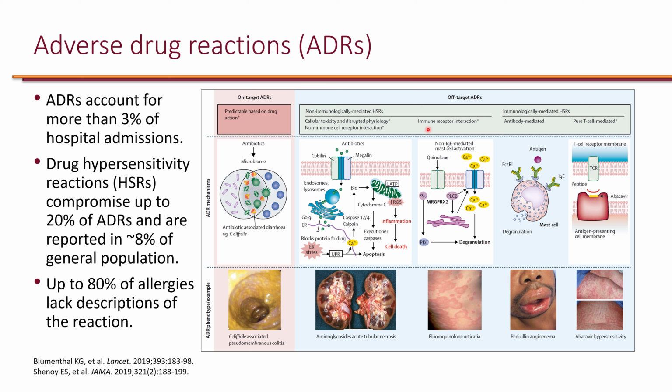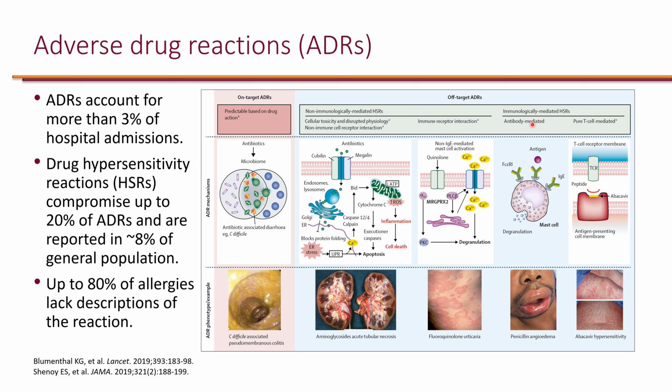An example is when fluoroquinolones interact with the cell receptors on the mast cells, resulting in urticaria. And this is not activating the immune system, but the end result is the mast cells causing urticaria. And that's something that we can see in fluoroquinolones.